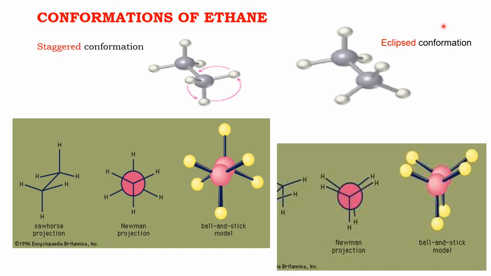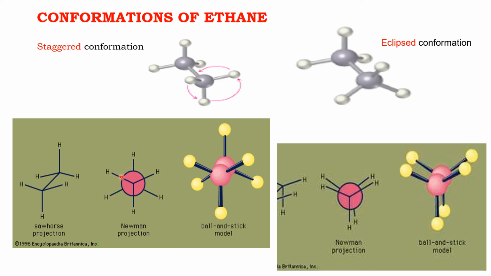Now see here, this is the staggered conformation and this is the eclipsed conformation. This is the Sawhorse projection formula of the staggered conformation. See here, this hydrogen atom and the other hydrogen atom are in the opposite direction. Moving to the Newman projection formula of the staggered conformation.